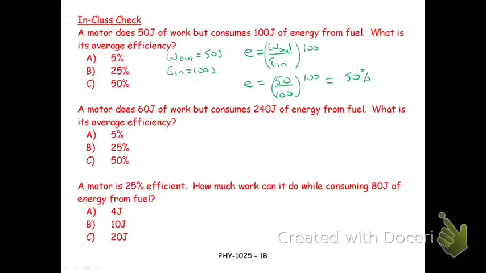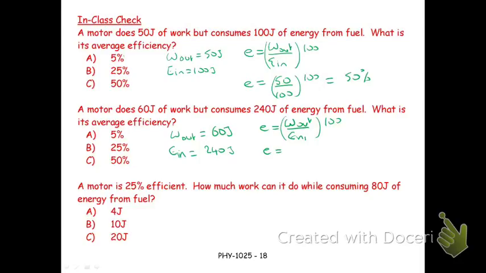This next one, 60 and 240. Motor does 60 joules, so the work out equals 60 joules, and the energy that you put in is 240 joules, so my efficiency equals work out over energy in times 100.